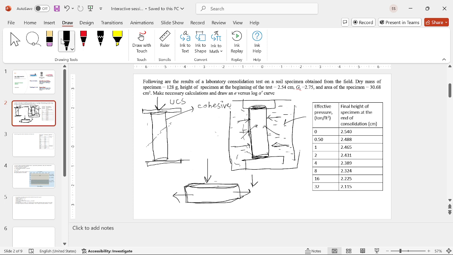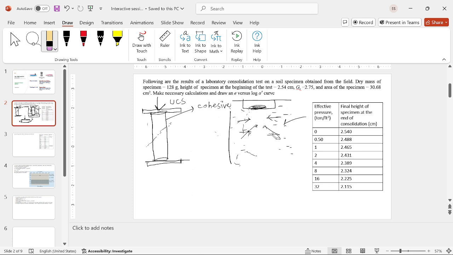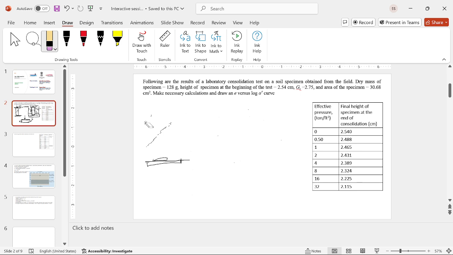That is what we do in the consolidation test. So let's get back to the consolidation test. And in the consolidation test, we have very gradual loading such that as more and more load is applied, more water is allowed to dissipate for the consolidation to take place.